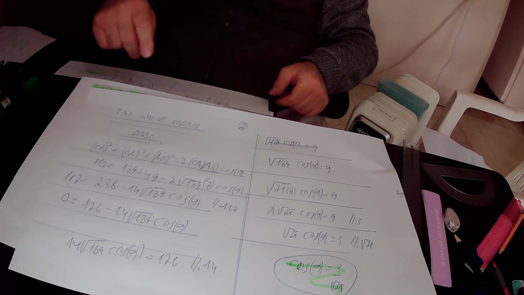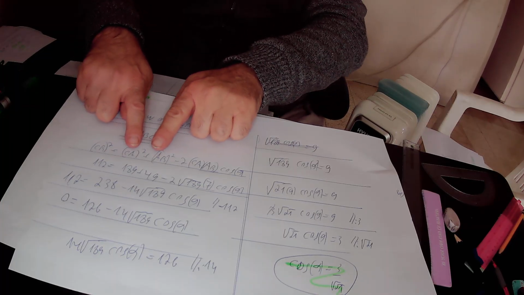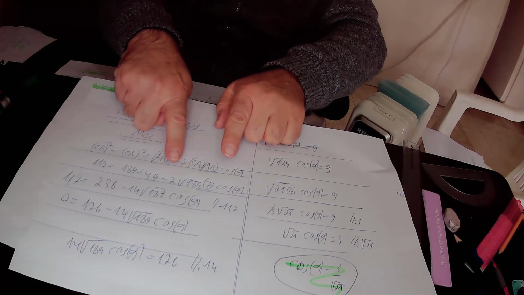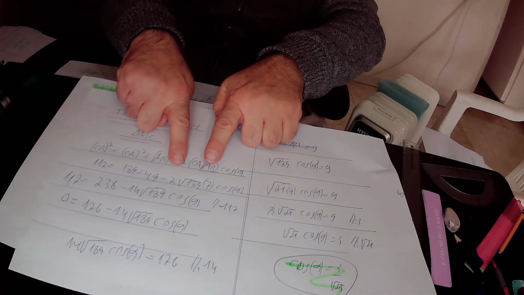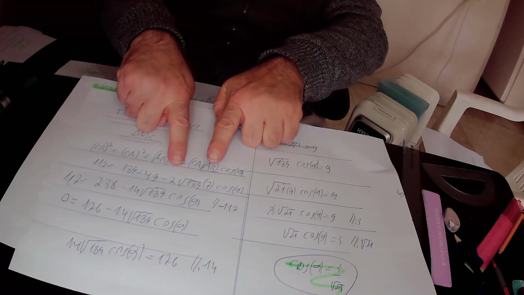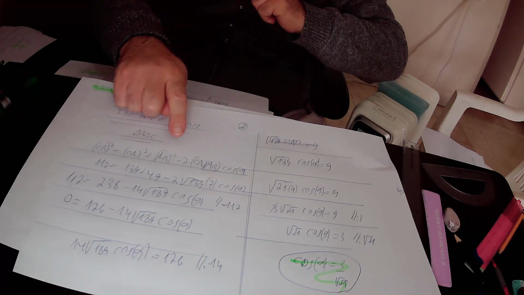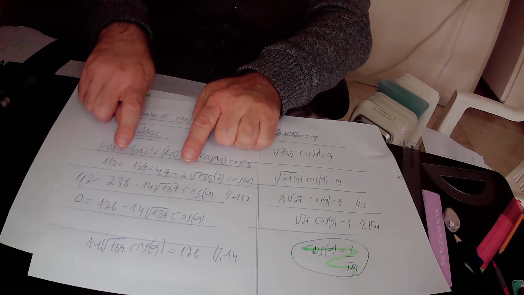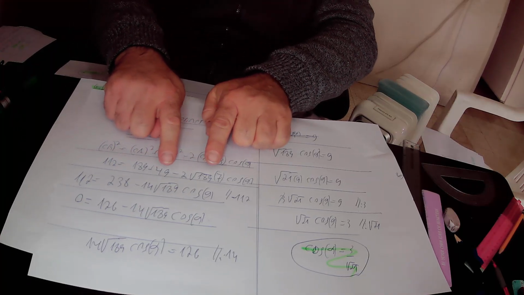In total, 112 equals 189 plus 49, which is 238. Here we have minus 2 times 7, which is minus 14. So this expression equals minus 14 times square root of 189 times cosine alpha. So 112 equals 238 minus 14 times square root of 189 times cosine alpha.